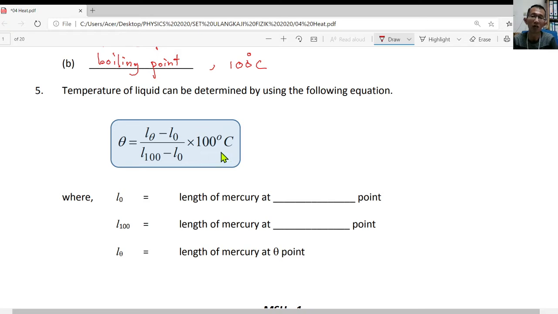So this is actually a ratio. L0 is the length of mercury at the freezing point, or 0 degrees Celsius for water, and L100 is the length of mercury at the boiling point, which is 100 for water. L theta is the length of mercury at the theta point.